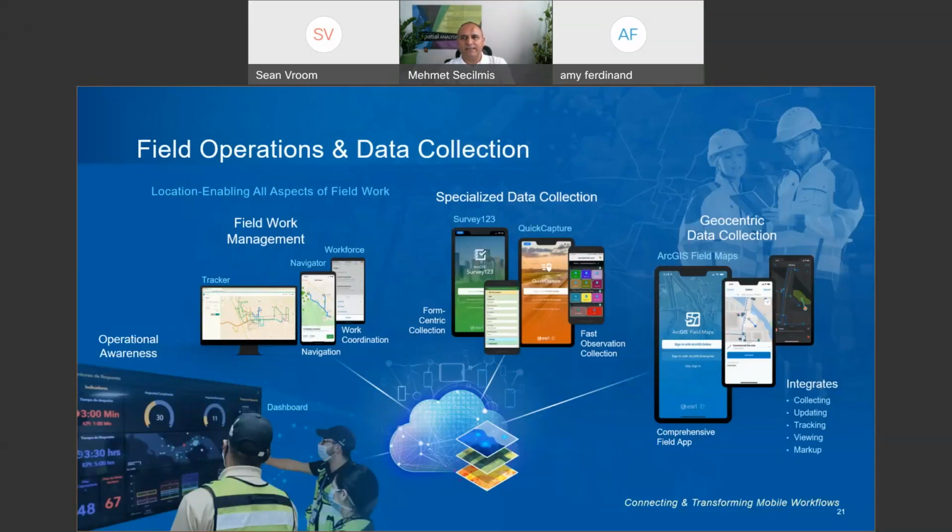Field data collection also includes geocentric data collection with ArcGIS Field Maps for collecting and updating data, as well as some specialized data collection, including Survey123 and QuickCapture apps. These apps make the field work easy and make the employees efficient.